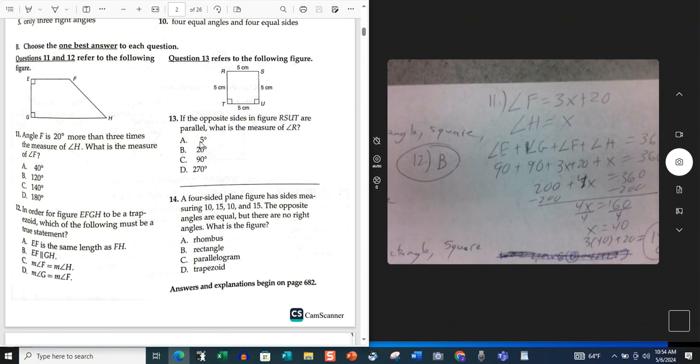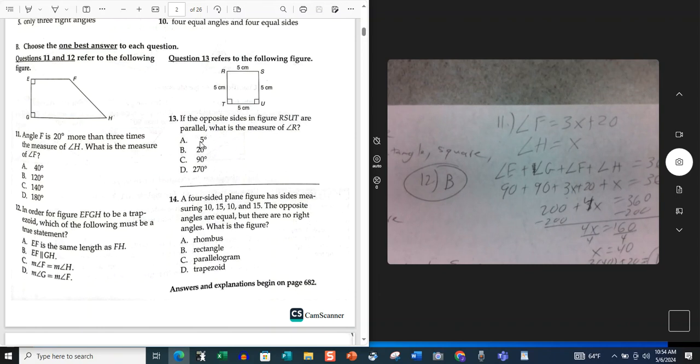Now we come here to problem 13. Now with problem 13, it says, question 13 refers to the following figure. If the opposite sides of the figure RS, UT are parallel, so that means RS and TU are parallel, and SU and RT are parallel, what is the measure of angle R?